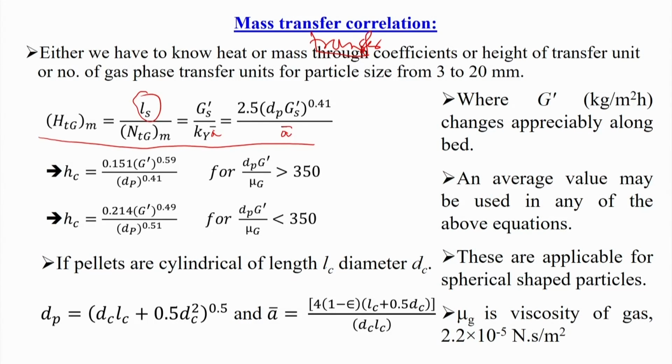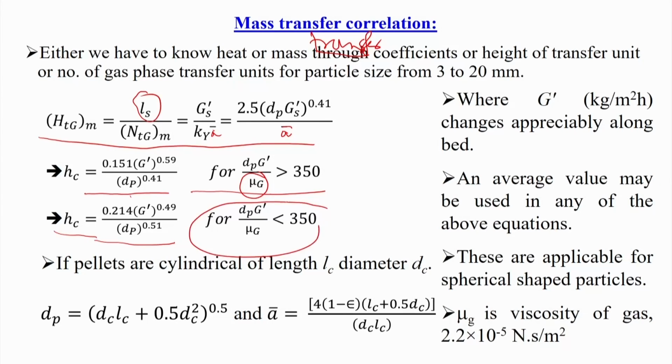And Hc is equal to 0.151 into G prime to the power 0.59 divided by dp to the power 0.41 for dp into G prime by mu g greater than 350, where mu g is the viscosity of the drying gas. The heat transfer coefficient will be 0.214 into G prime to the power 0.49 by dp to the power 0.51 when dp into G prime by mu g is less than 350.